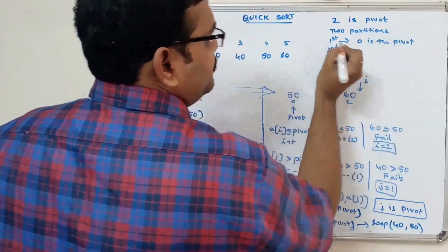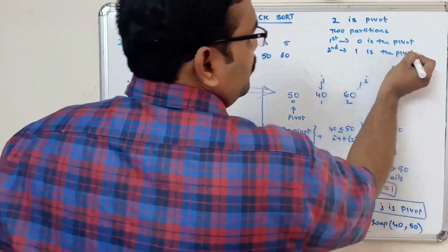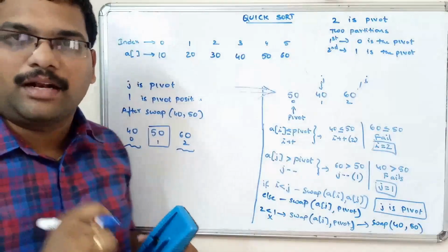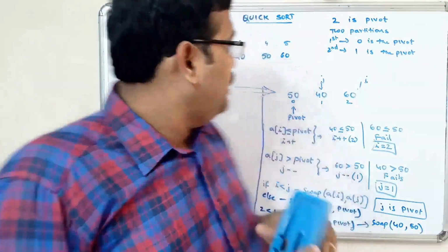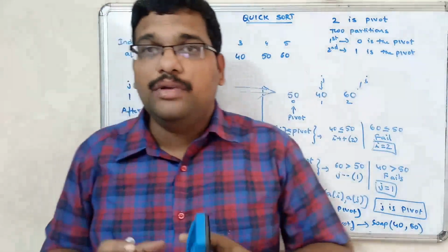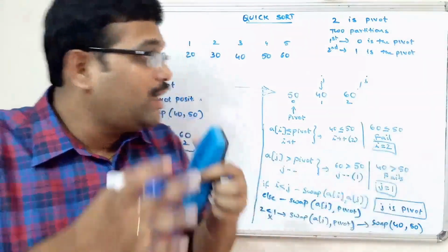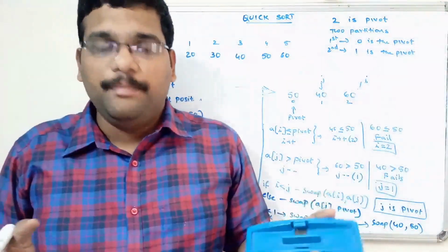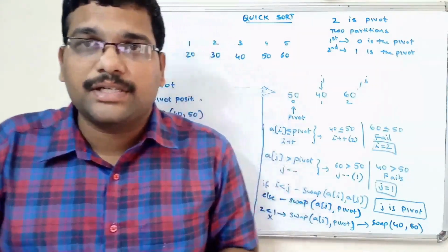Second partition, 1 is a pivot. 1 means the position 1, index 1. Okay, index 0 and index 1. Right? So hope you understood the quicksort algorithm, how we are dividing the complete elements into different partitions, and how we are applying the recursive functions.